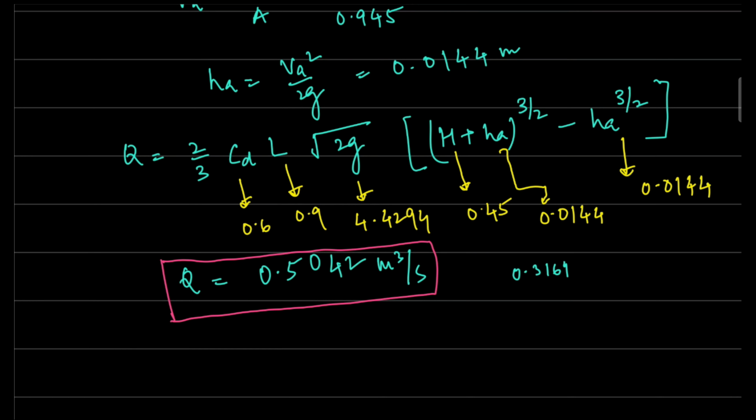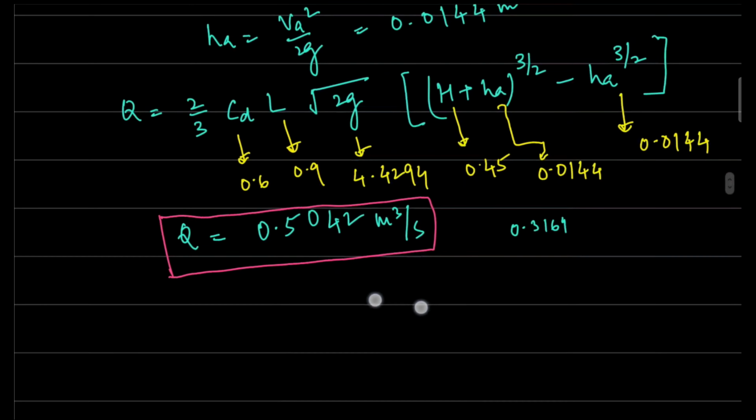So if we figure out how much difference we are getting, the percentage error in consecutive Q values is 0.5042 minus 0.5024, divided by 0.5024.